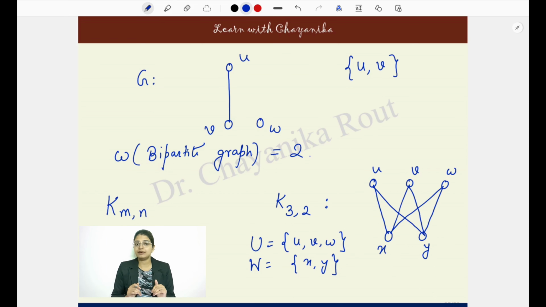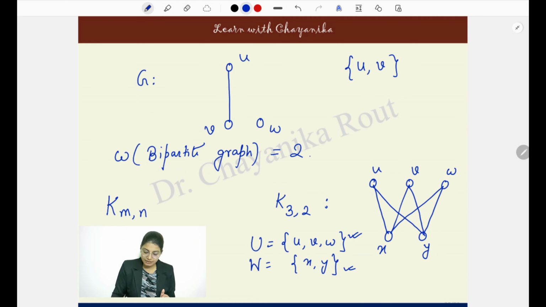And in complete bipartite graph, what is the particular nature? It is like every edge that is possible having one endpoint in one partite set and the other in the other partite set is already drawn. So having an independent set like capital U, we cannot insert any more vertex in this set to extend this independent set. So this independent set is maximal.